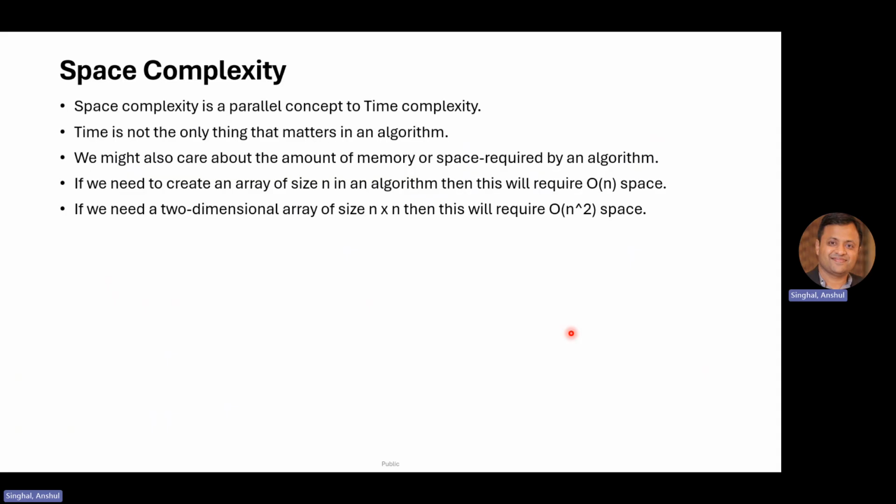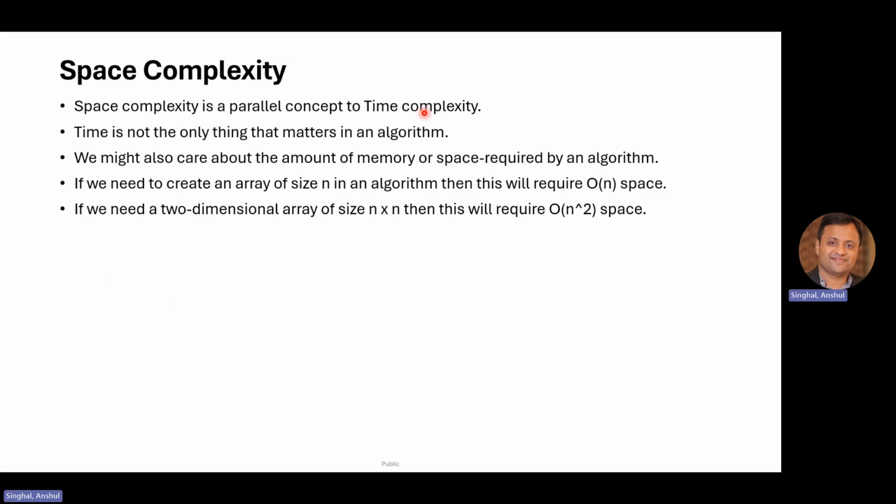In today's part 3, we will be covering a few more things on big O. So let's talk about space complexity, right? Space complexity is a parallel concept to time complexity.